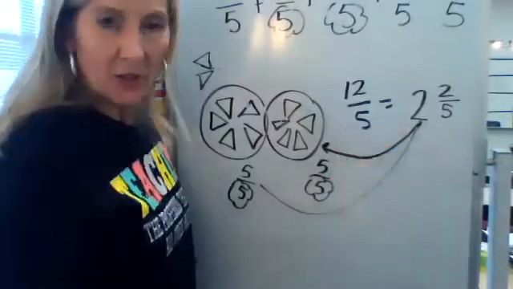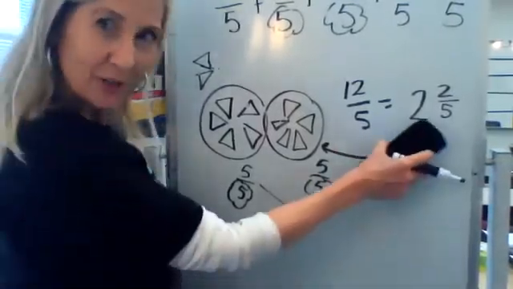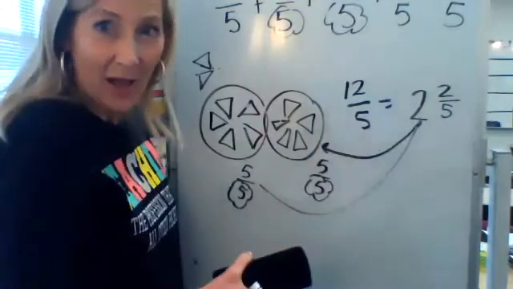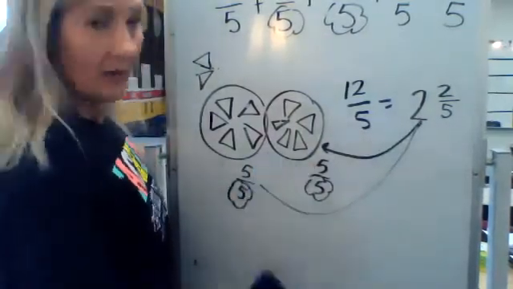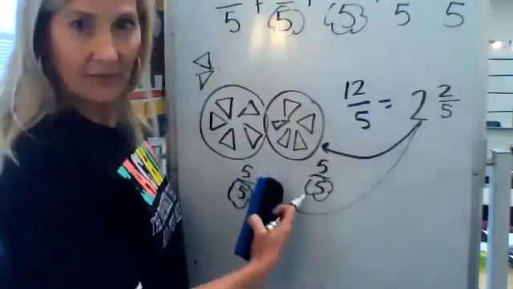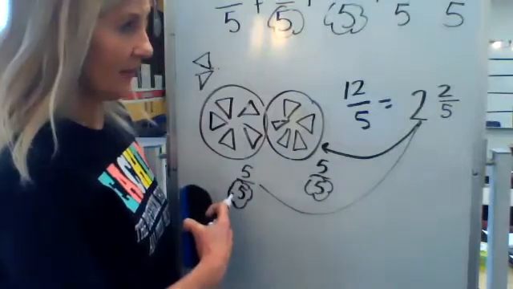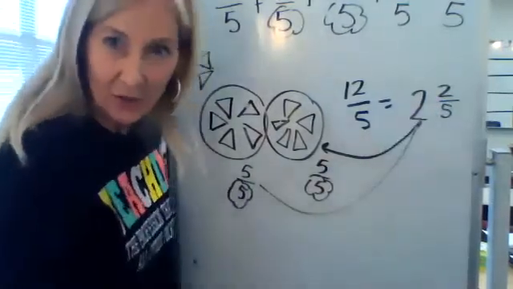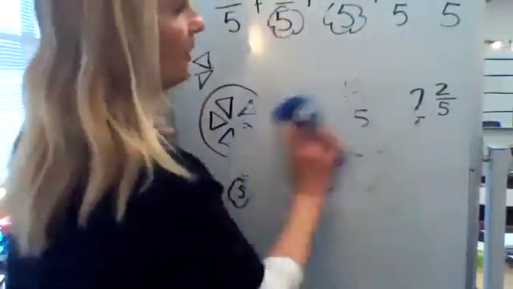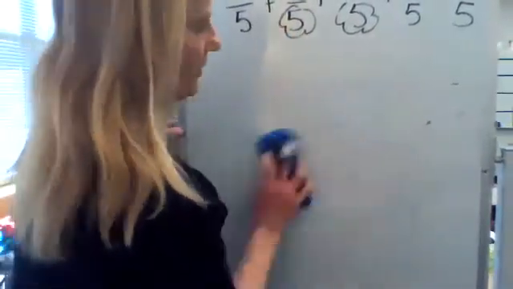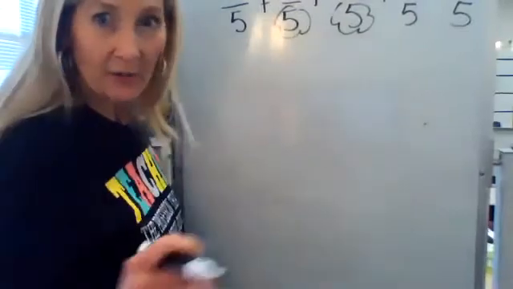So you want to be able to determine what fractions made up those wholes, because that'll tell you how many of each of the units you have. I've got 5 of the fifth units, 5 of the fifth units to make the 2 wholes, and then of course the extra 2 fifths. But what if we just saw the mixed number and we didn't see the improper fraction?